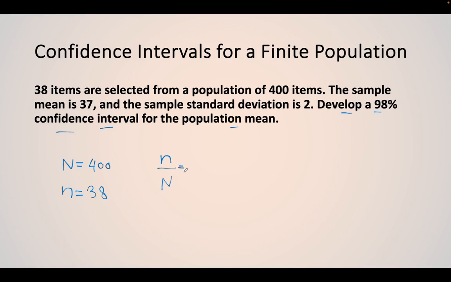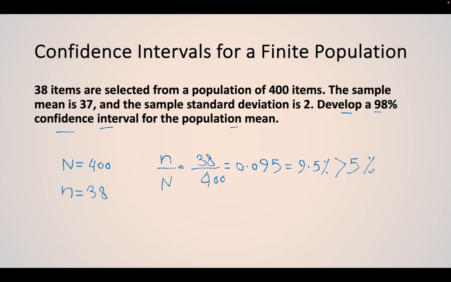How much is the ratio? 38 divided by 400 is 0.095. If you multiply this number by 100 to convert that to a percent, you get 9.5%. So 9.5% is more than 5%.